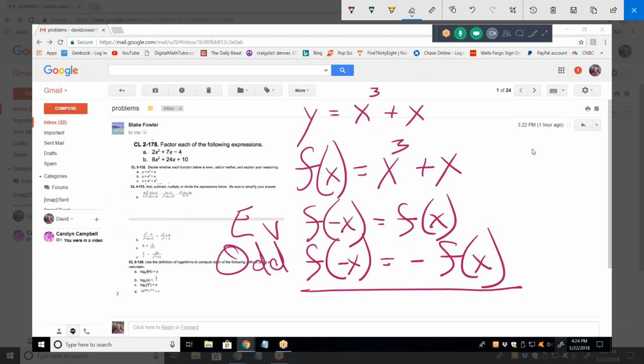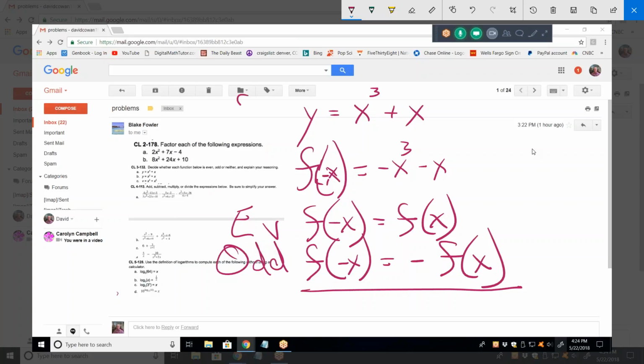So there's our f function. Tell me what f of minus x is. Negative x cubed, and then minus x. Is that negative f of x?